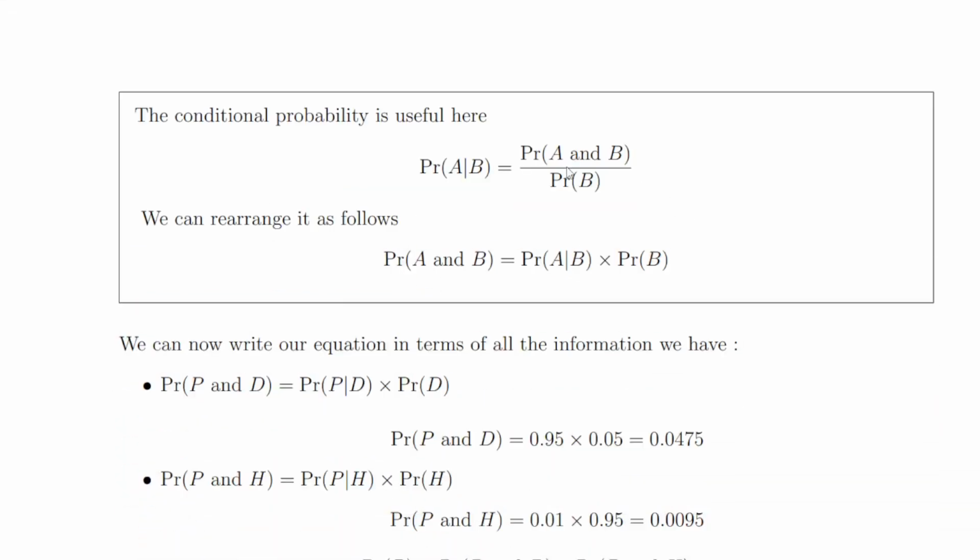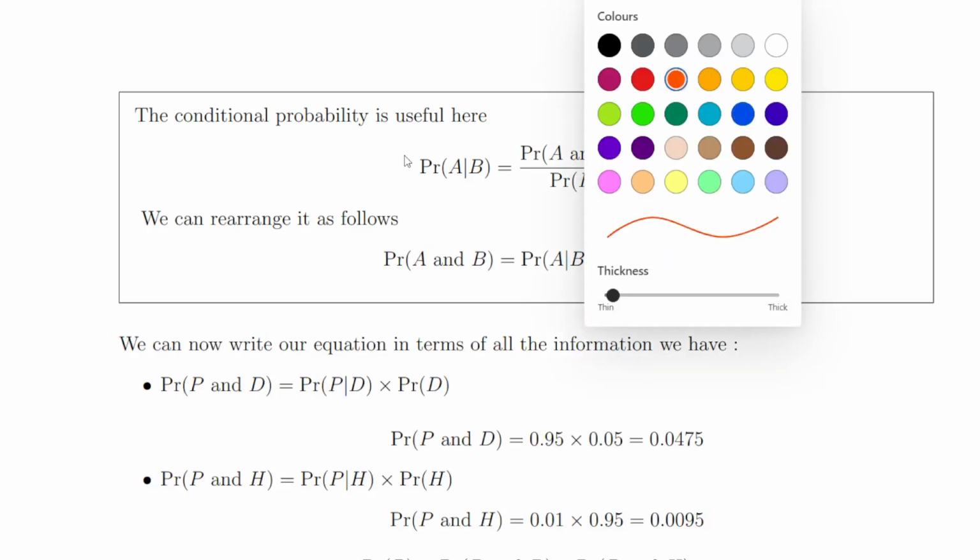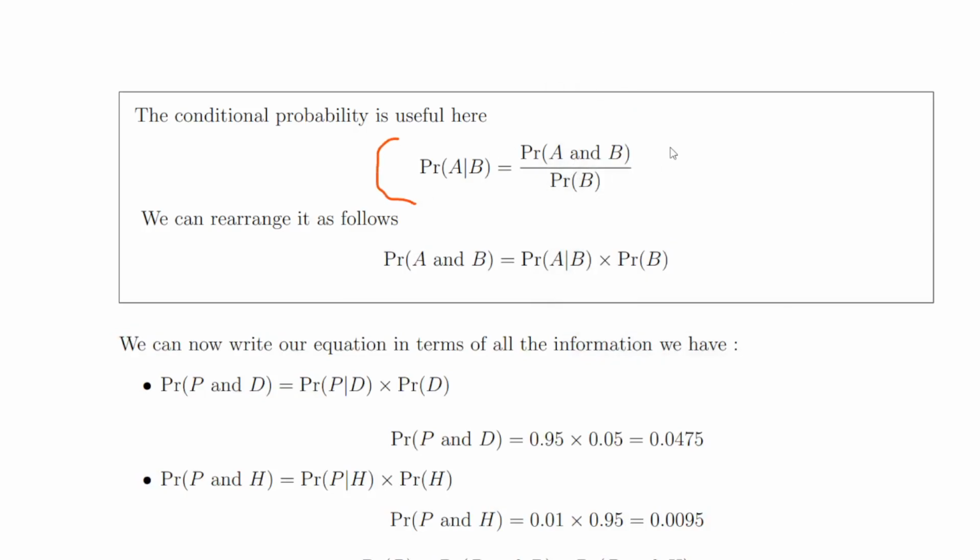Now, the conditional probability formula is useful here. The probability of A given B is the probability of A and B divided by the probability of B. Notice that what is on this side of the bar, given B, should correspond to the denominator of that fraction.